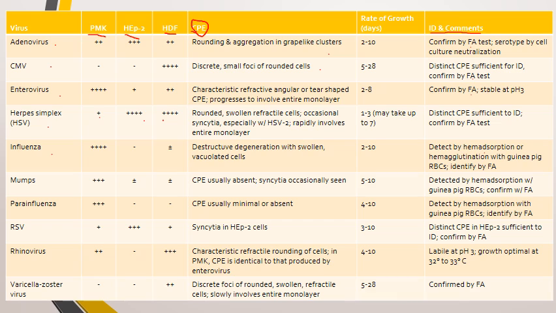But you're not done at that point. You're always going to have some confirmatory test, and you have to understand which confirmatory test would be most likely for that particular virus. A fluorescent antibody test is very common for many of them. But you can also do hemadsorption, nucleic acid testing, or IFA. There are a lot of different techniques.